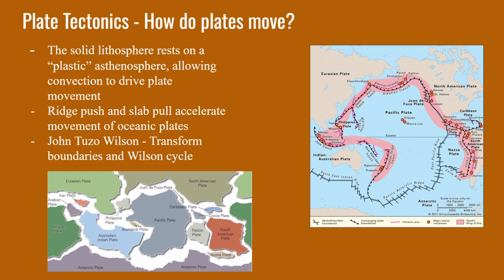Additionally, for oceanic plates, which I believe move a bit faster than the continental ones, or at least are recycled, their movement is enhanced by this idea of ridge push and slab pull, where at the ridges, the light buoyant magma is raising up the crust, and then gravity wants to bring it back down, so it slides along, and then in the subduction zones, as plates get older and cool, they become denser and eventually sink down into the Earth's mantle.